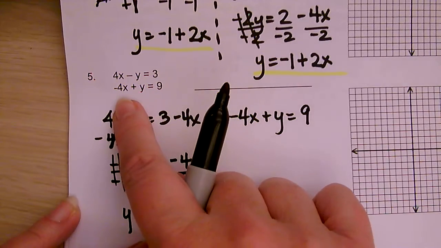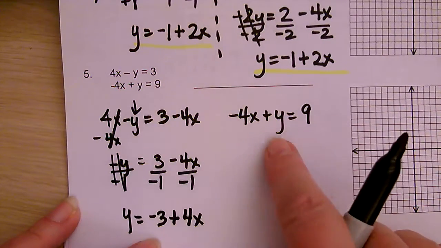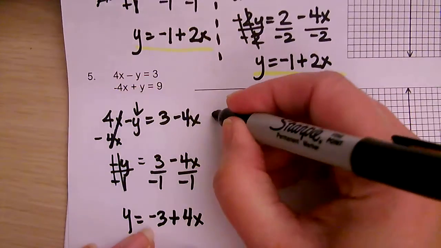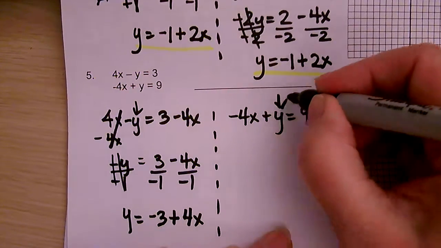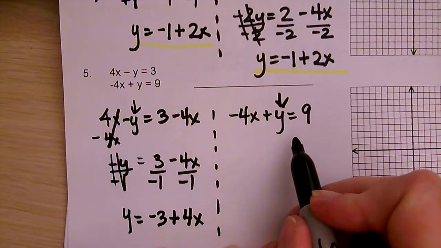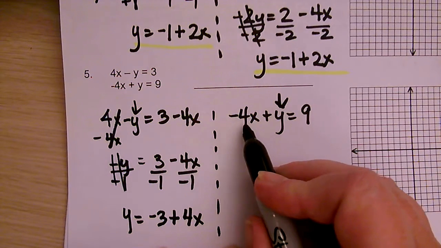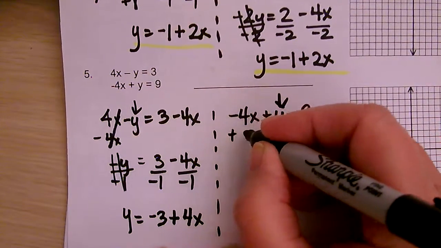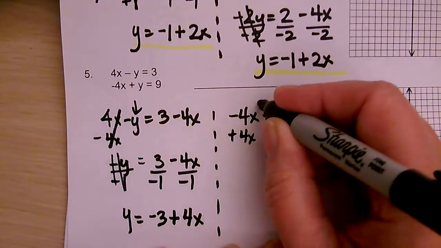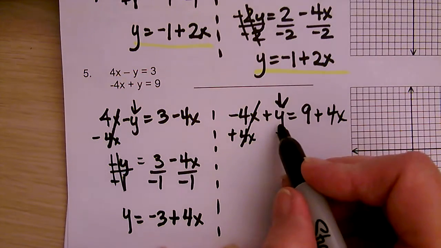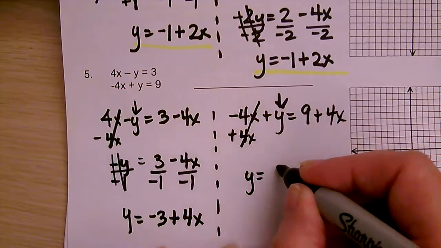So I'm going to take the second equation and work it. So there's my y. I need to get rid of this -4x, so I'm going to do the opposite, which is plus 4x, and bring this on down.